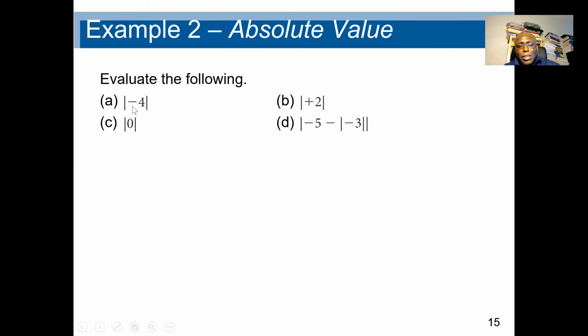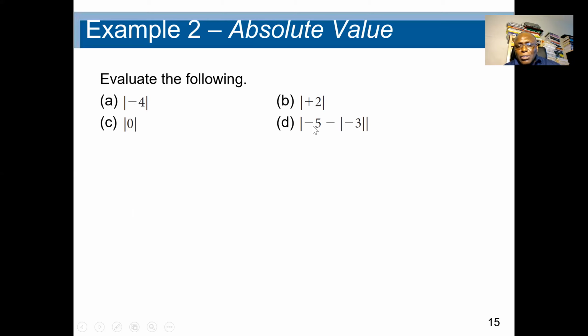So this is a very good example. Evaluate the following. This is absolute value, and the reason we use the symbol is the bars. The absolute value of negative 4 will be positive 4. The absolute value of 0 is 0. The absolute value of positive 2 is 2.